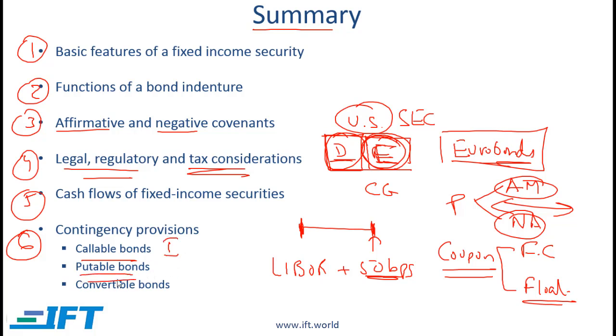A puttable bond is a bond where the bondholder can redeem the bond or return the bond and get his money before the bond expires. This is good for the bondholder. A convertible bond gives the bondholder the option to convert the bond into a certain number of shares of the company, and again, this is good for the bondholder.